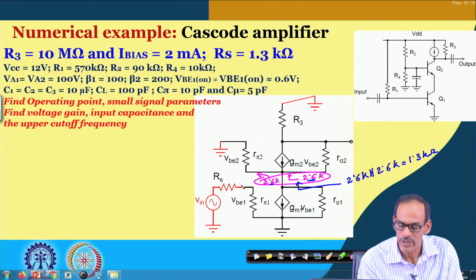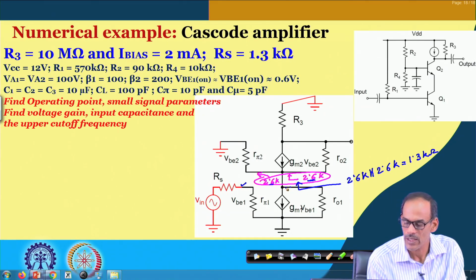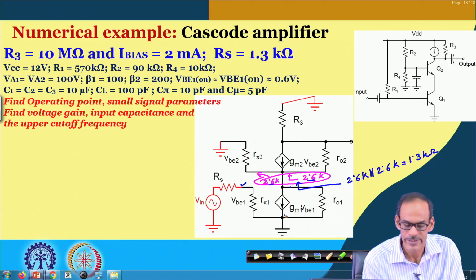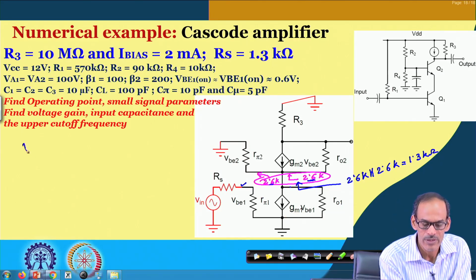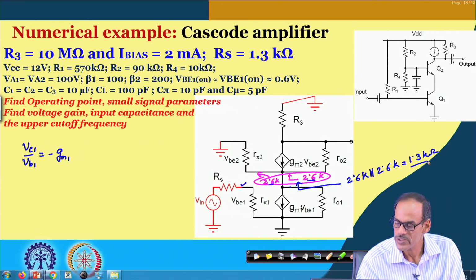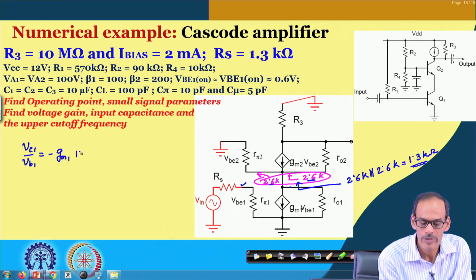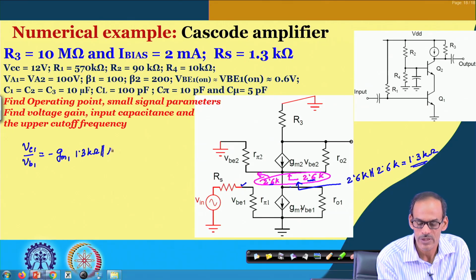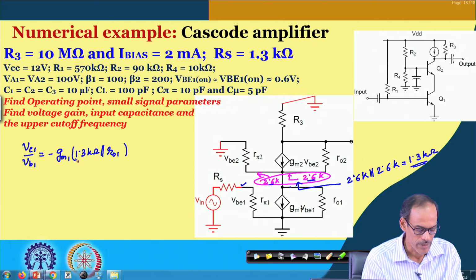So, if I consider the base to collector gain, which is essentially VC1 by VB1, it equals minus gm1 multiplied by this resistance 1.3 K in parallel with this RO1, which is 50 K. Okay.